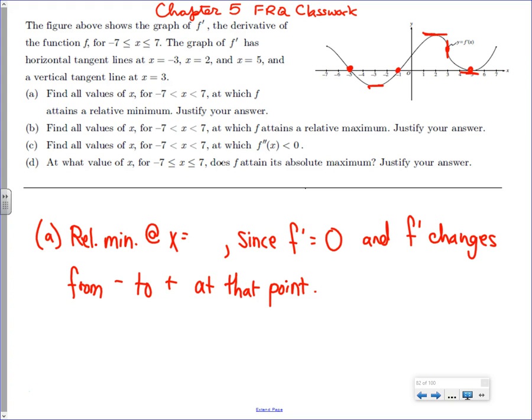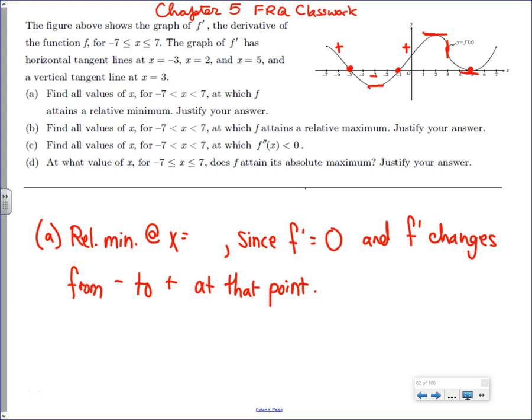The question, which of those zeros, negative 5, negative 1, or 5, it could be 1, it could be multiple, which of them have the sign changing of f prime from negative to positive? Negative 1. Yes, because, remember, below is a negative, above is a positive. Here are my signs.